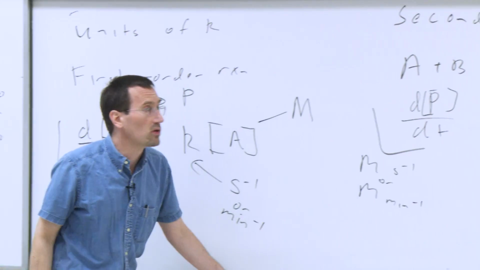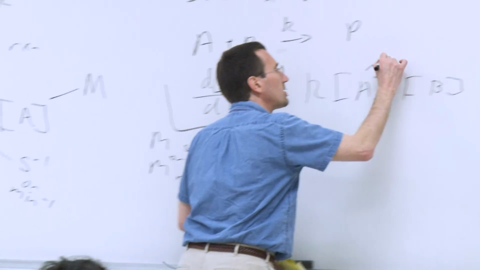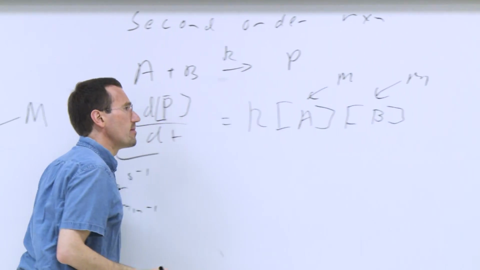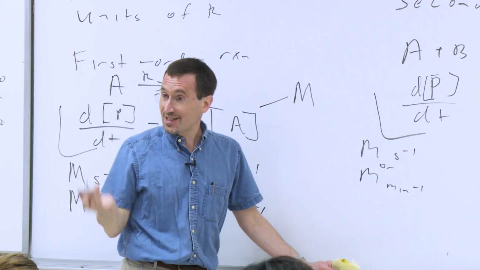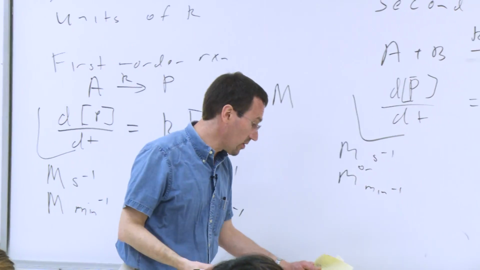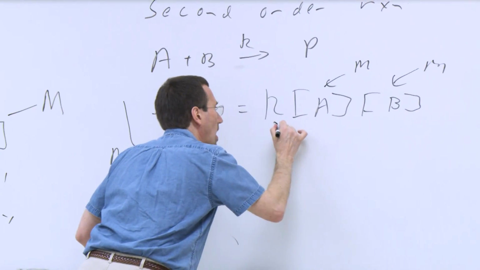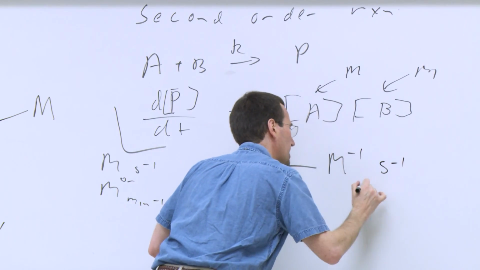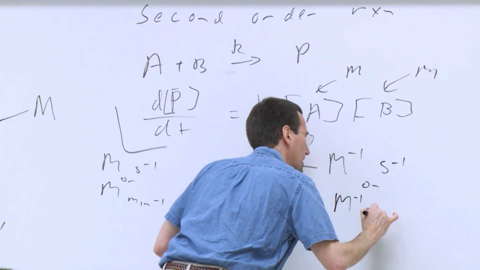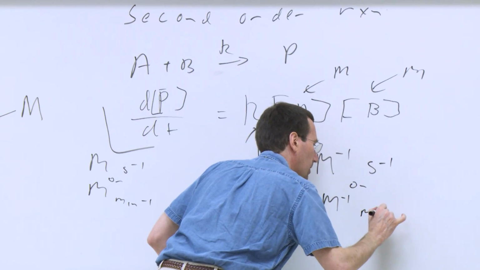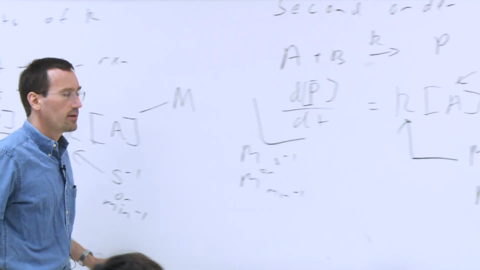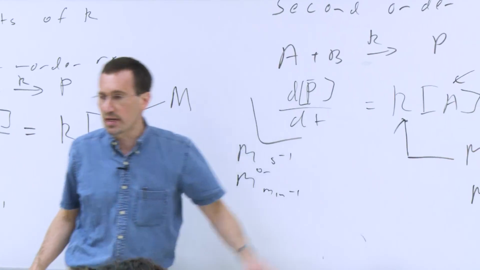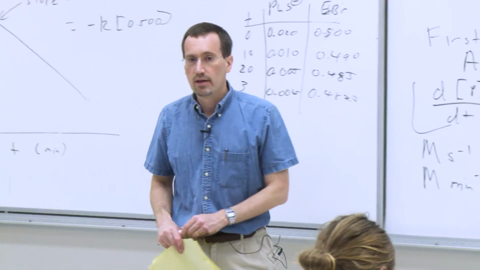I suppose it could be molar per hour. Each of your concentrations on the right is going to be molar, which means the units of your second order rate constants are molar to the -1 seconds to the -1, or molar to the -1 minutes to the -1. But the big difference is you have concentration built into your rate constant there.